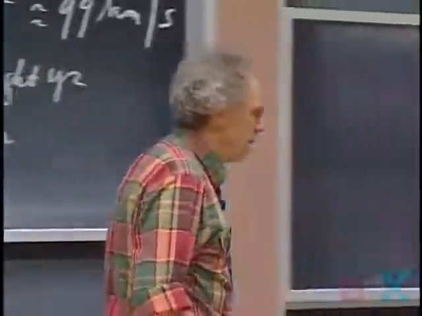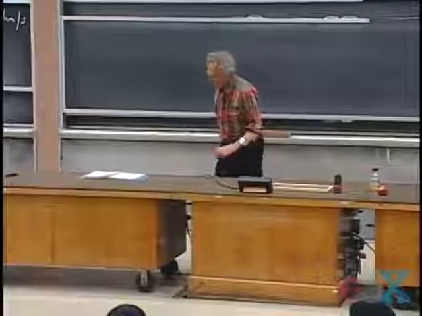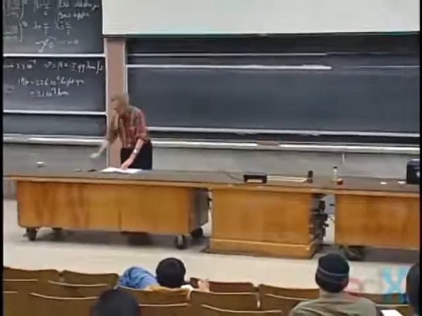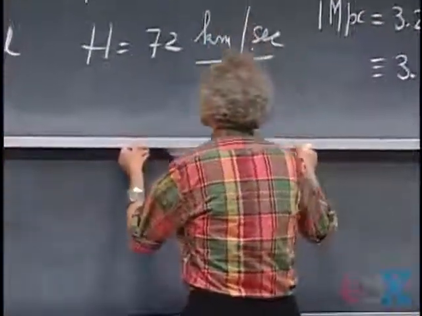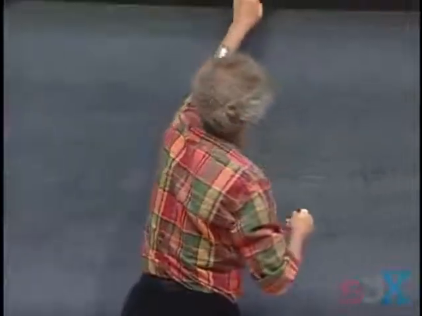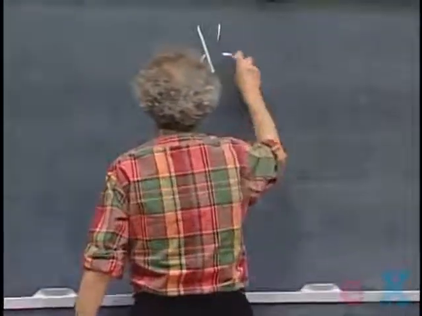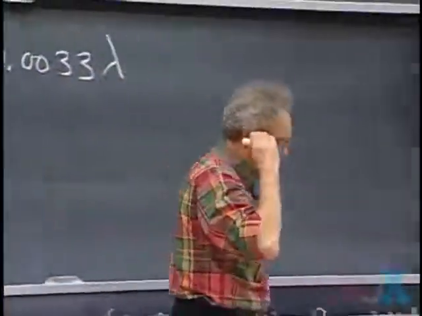So for a specific galaxy that I have in mind, I can calculate the distance if I know the redshift. I have a particular galaxy in mind for which lambda prime is 1.0033 times lambda. Notice again that the wavelength that I receive is indeed longer than lambda, so there is a redshift.